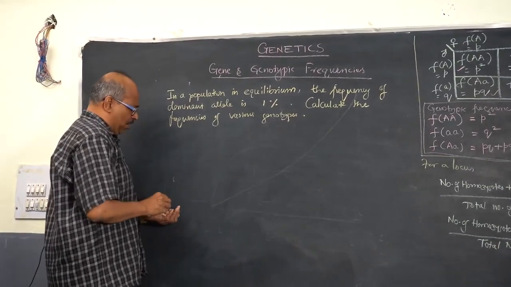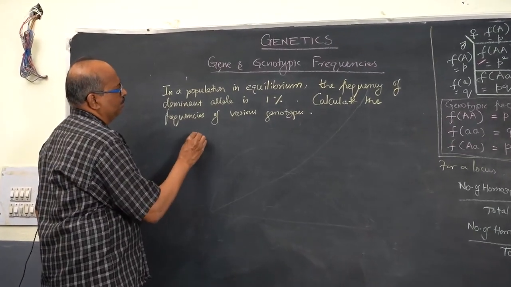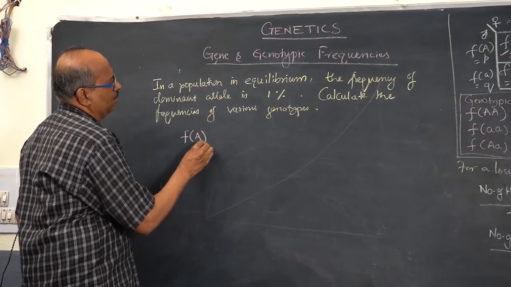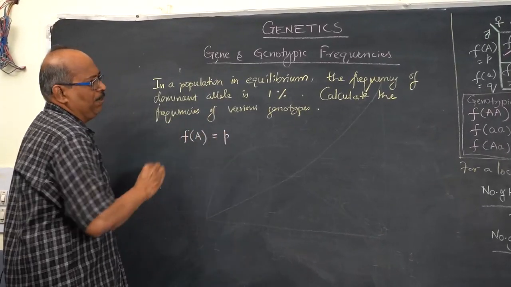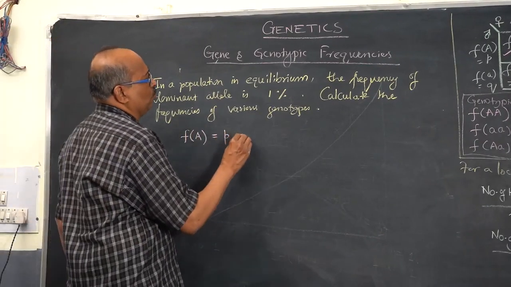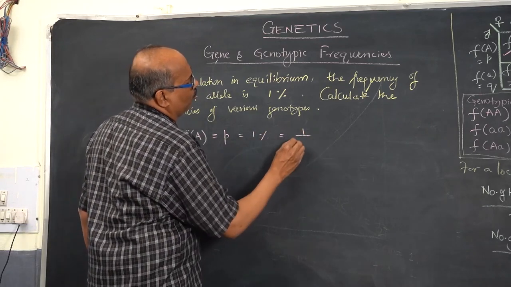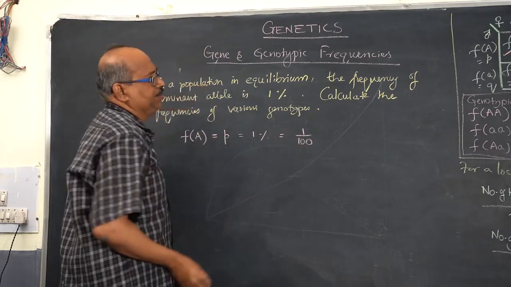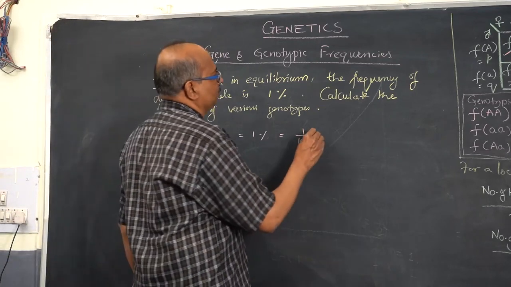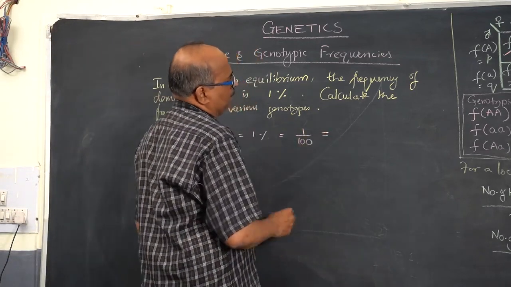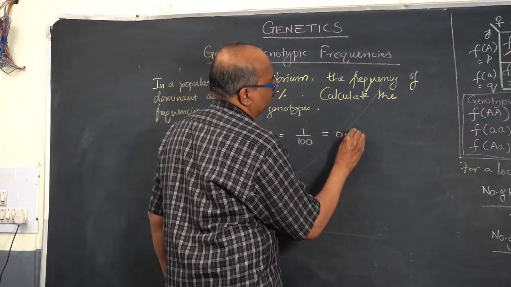So frequency of dominant allele equals P equals 1%. This we can write as 1 over 100. That means 0.01.